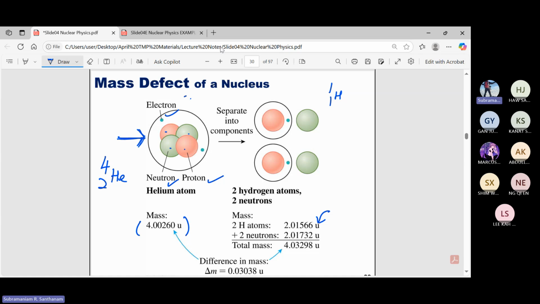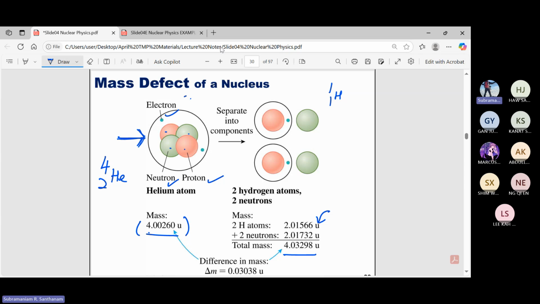When you add the mass of the hydrogen atoms plus the mass of the two neutrons, you get a total mass equivalent to 4.03298 U. When you compare this value with the helium atom, you notice that when it forms the helium atom, there is some loss in mass.